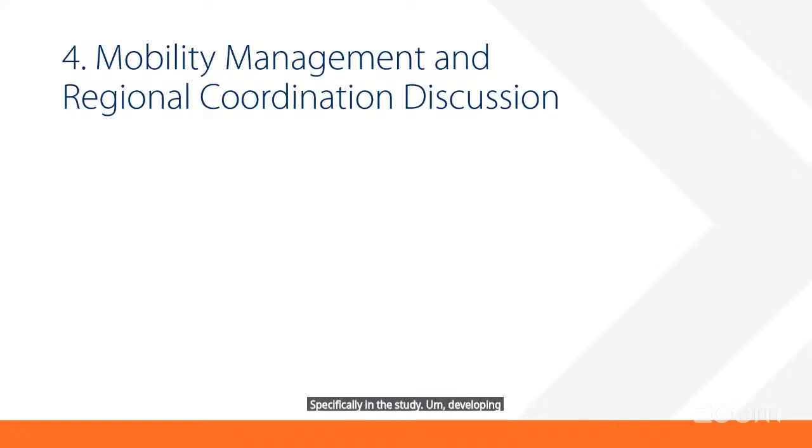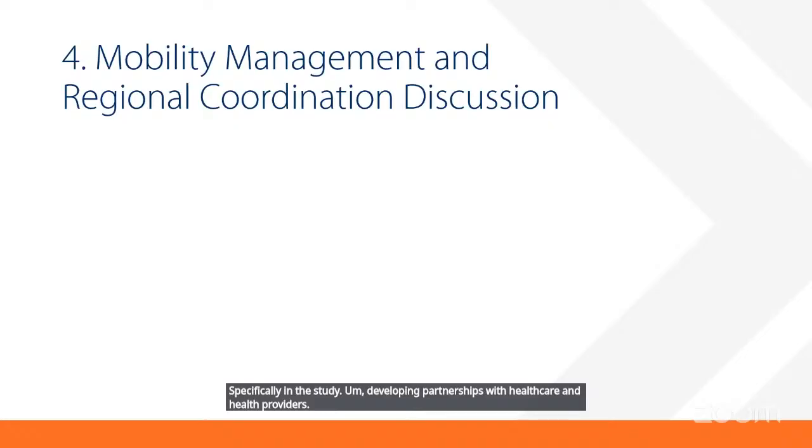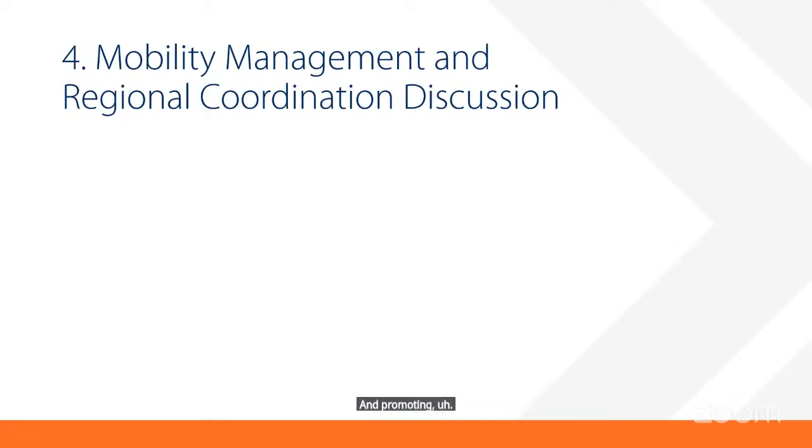Developing partnerships with healthcare and health providers, and promoting options via community outreach and provider offices. I know United Community Health Center does some of those pieces already, but they actually have groups of people they've gone to and they've studied.